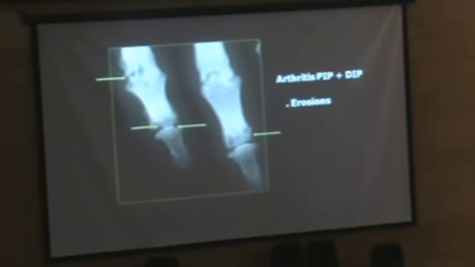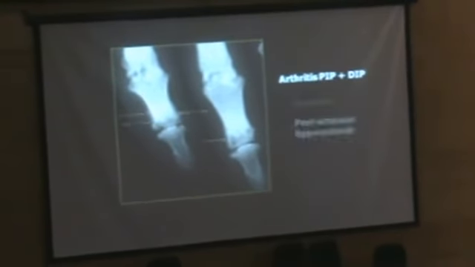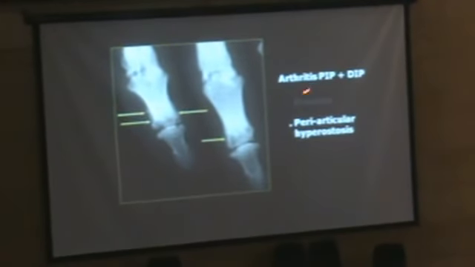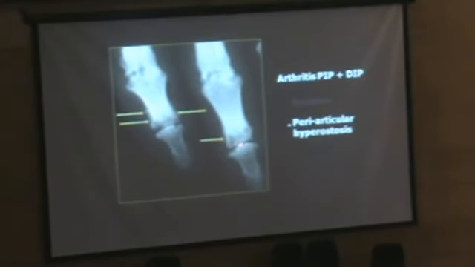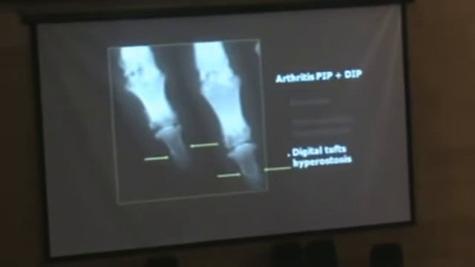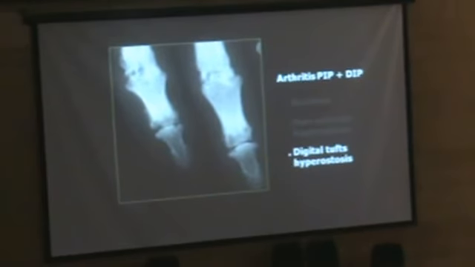And again, what we don't find in rheumatoid arthritis is this periarticular hyperostotic change, which is a sort of periosteal reaction, especially when we see it near erosions. This is very typical of psoriatic arthritis, and we have to pay attention to such a feature. And the terminal digital tufts can also be involved, especially in this case with hyperostotic changes, as you can see in here.